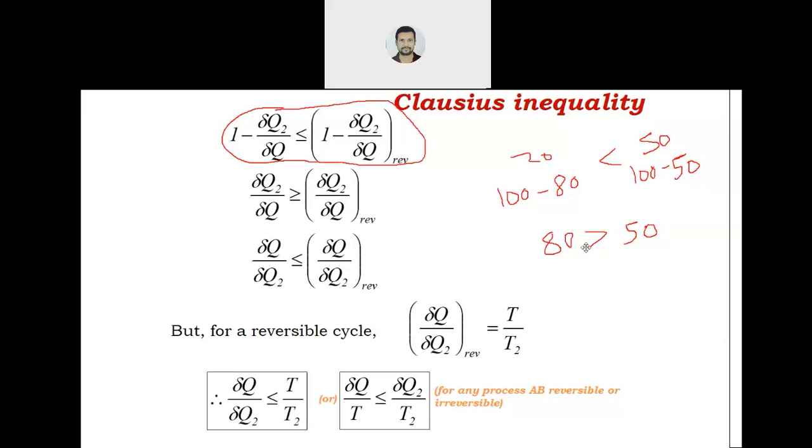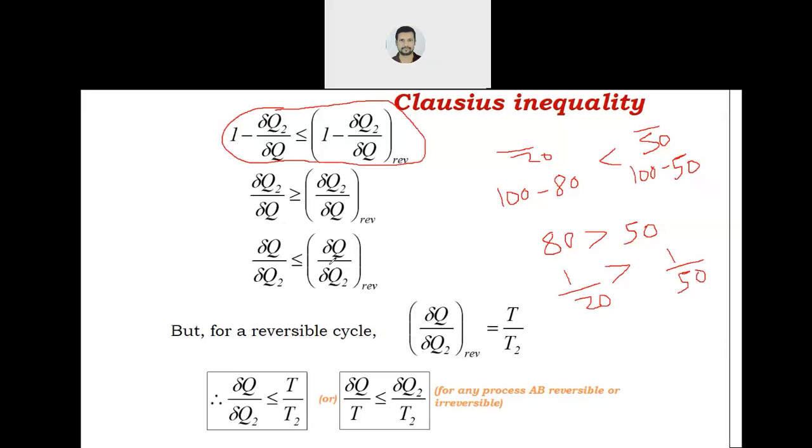Now one more thing, 20 and 50, which is greater? 50 is greater, but take the reciprocals, 1 by 50 and 1 by 20. Now which will be greater? Because we are reciprocating, the things will again change. Now 1 by 20 will be greater than 1 by 50. Same thing we have done here.